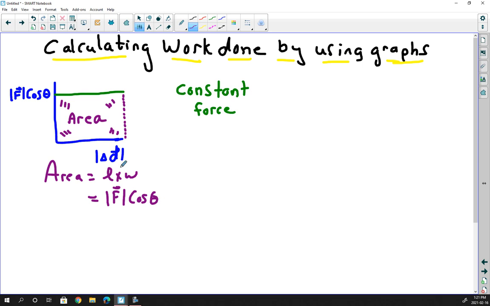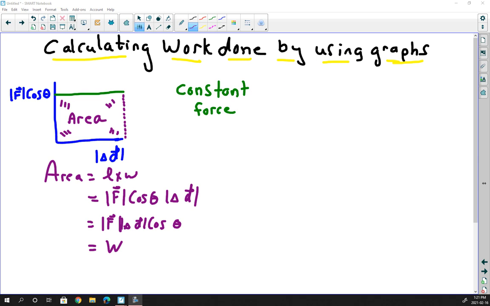And what are we going to multiply that by? Well, by how much displacement you had, right there. Well, look, we've got our old equation again. It's just in a slightly different order. It's exactly the same as this. Just change the order. So by calculating this area, you have indeed calculated the work done.